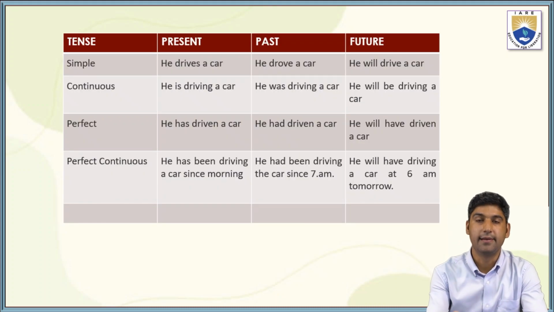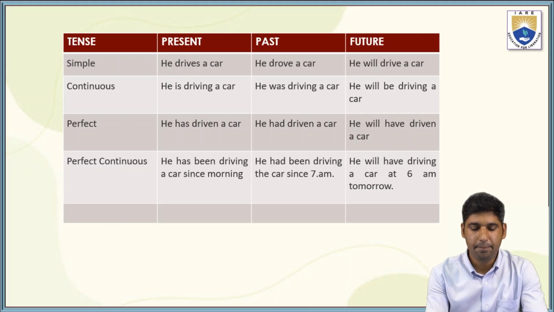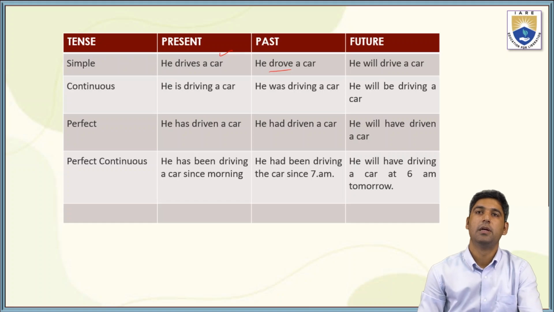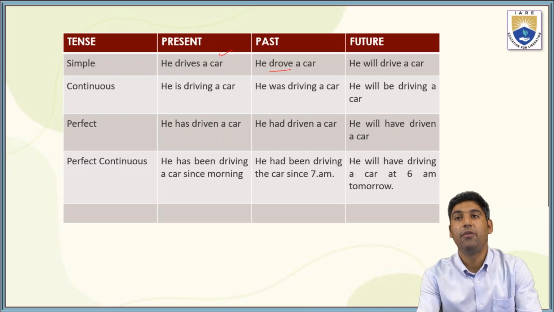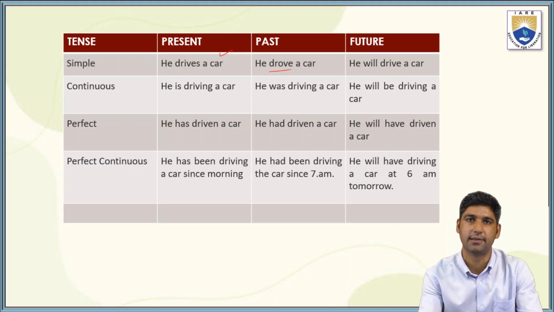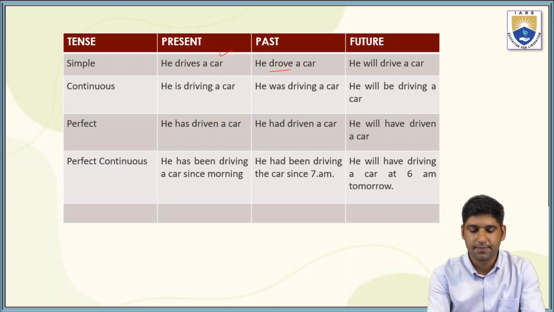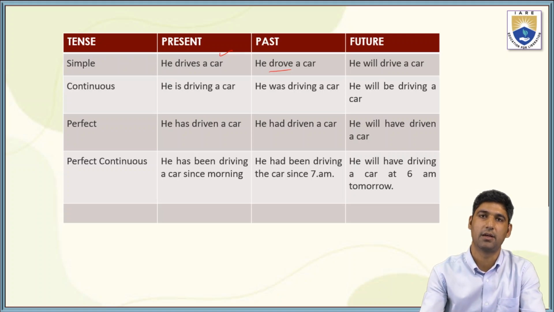See, there are tenses. Present simple is: he drives a car. Past simple requires the second form of verb, so: he drove a car. He will drive a car, future. I will let you know about all the separate tenses. Present continuous is: he is driving a car. Past is: he was driving a car. Future is: he will be driving a car.